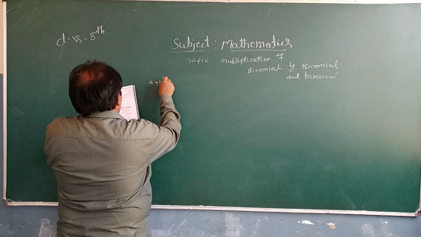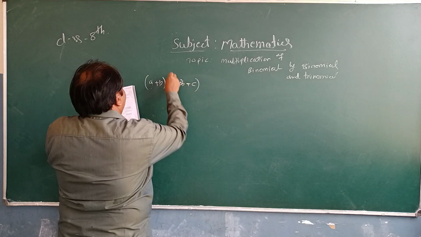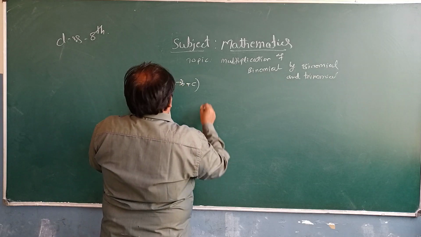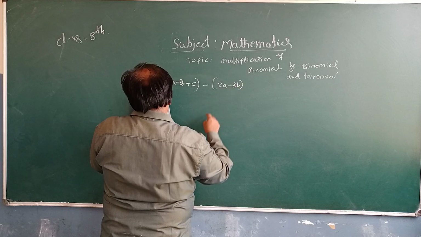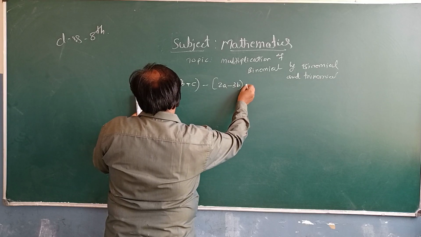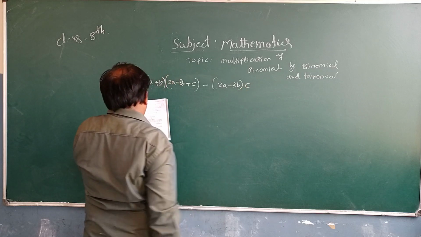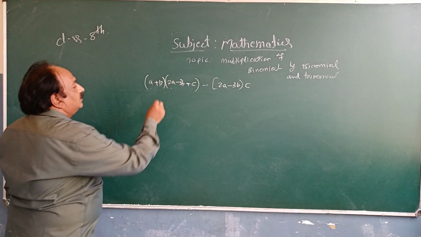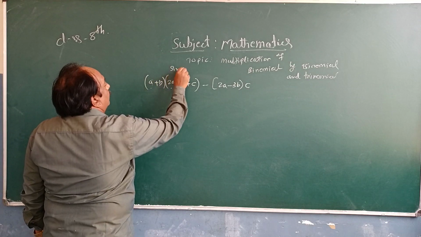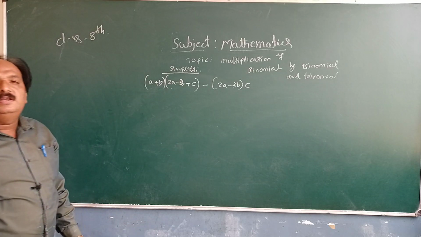Next, a plus b into 2a minus 3b plus c, minus 2a minus 3b into c into c. The question is simplify. What is the meaning of the word simplify?